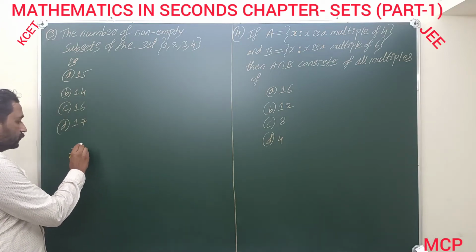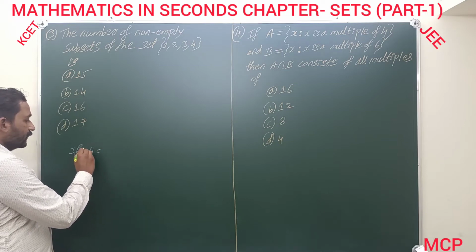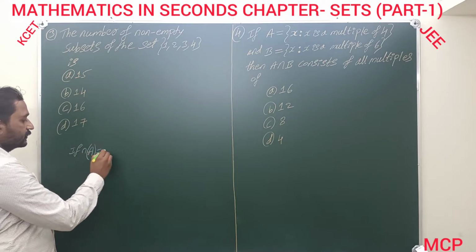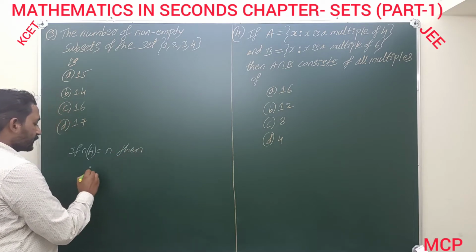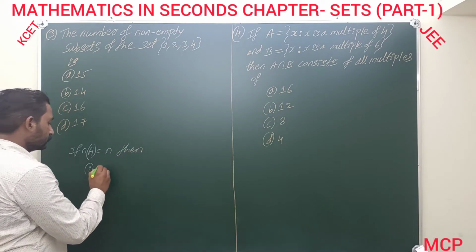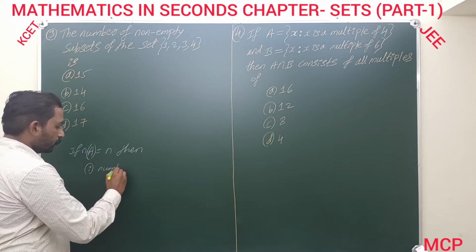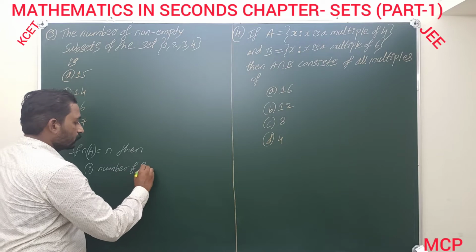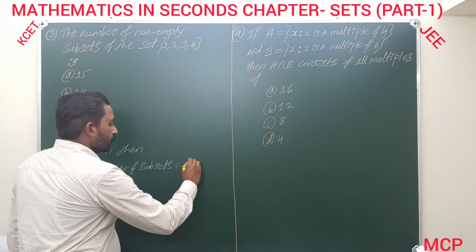If set A contains, or the number of elements of A is equal to n, then first, the number of subsets of set A is equal to 2 power n.